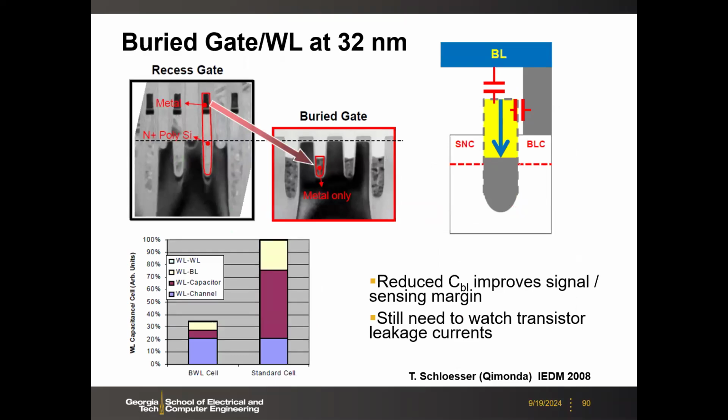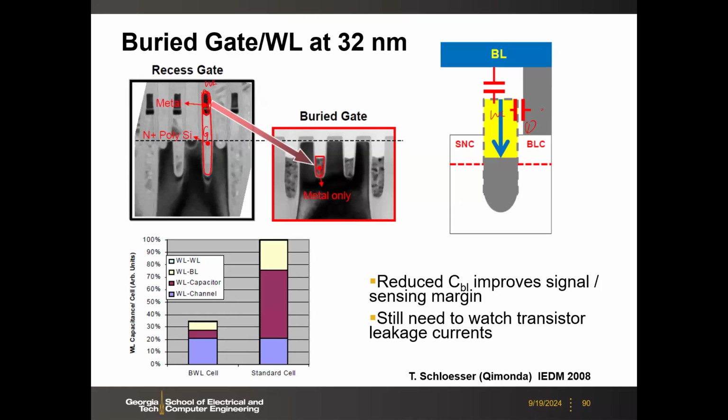Okay, then the next strategy is this buried gate. If you recall component number 1 in the parasitic capacitance, that is this bitline contact to the word line, which is here. So this is what we have before. The word line metal, and then the poly gate, and then this is WL.